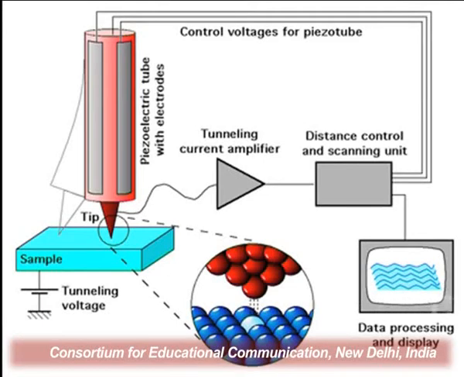Means through the distance control and scanning unit and the tunneling current amplifier, the voltage in this piezoelectric tube is controlled. On the right hand side, the data processing and display is connected, and this tip scans the sample. So the scanning tunneling microscope will scan the surface.